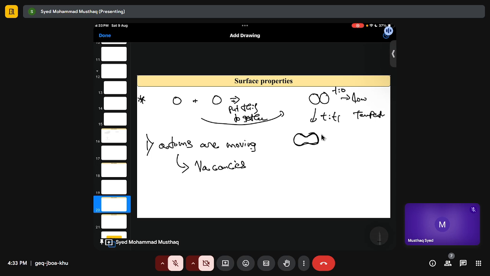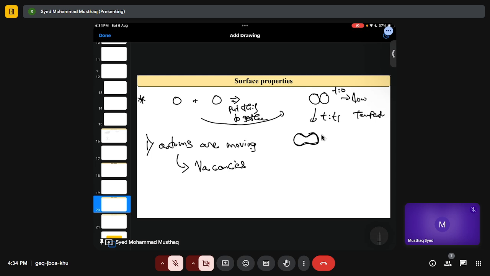For example, if you want to move in a room, the room should not be full, right? If a room can accommodate 20 people, and there are 19 people, then one person can easily move, as the gap moves. Wherever the gap is, the person beside that gap can move.